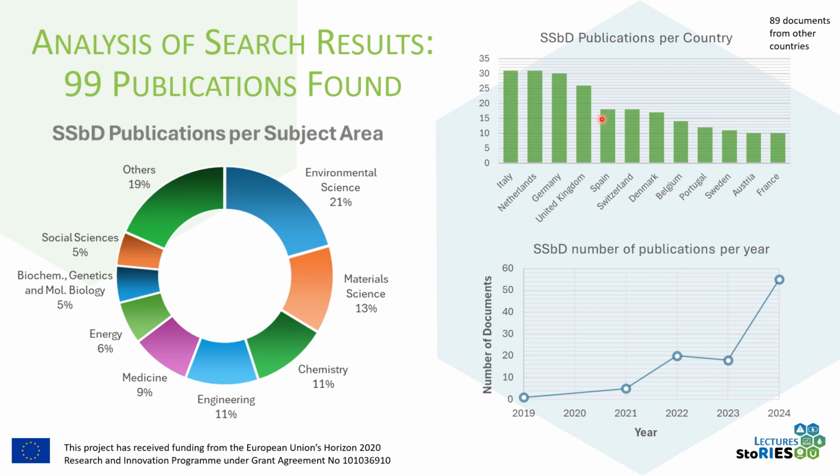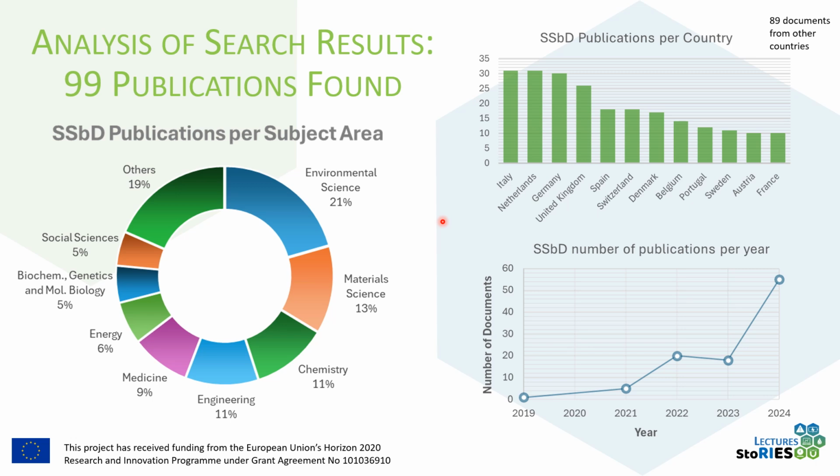And concerning the nations from which these publications came, of course there is a dominance of European countries, but the main contributors are Italy, Netherlands, Germany, and then, even if not in the European Union, the United Kingdom, and so on.